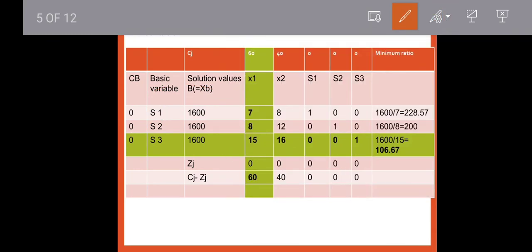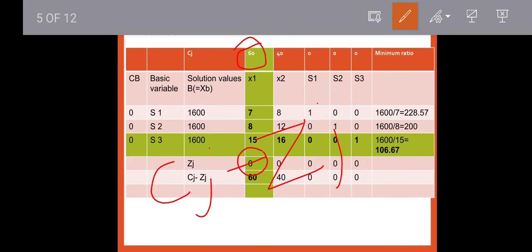Now we are going to do cj minus zj. 60 minus 0 is 60, then 40 minus 0 is 40, then 0 minus 0 is 0, then 0 minus 0 is 0, then 0 minus 0 is 0. The cj minus zj formula tells that for optimality cj minus zj should be less than or equal to 0, which means negative values should come.